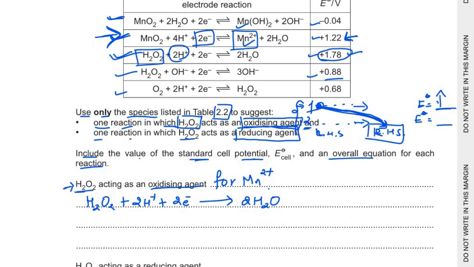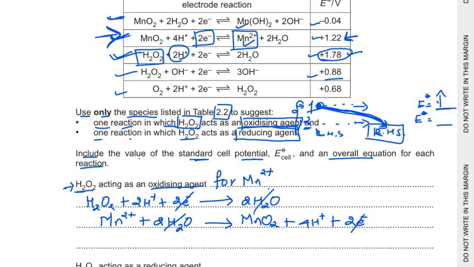So this is the hydrogen peroxide reaction, and if I reverse the manganese ion equation, then it's going to be this way: 2H2O and also MnO2 plus 4H+ plus 2 electrons. Now if we add both the equations, the electrons will get cancelled on both sides.